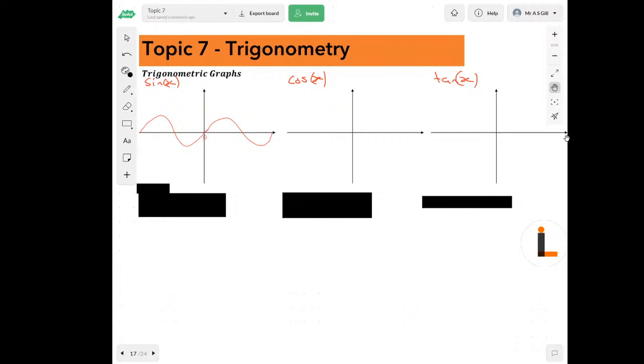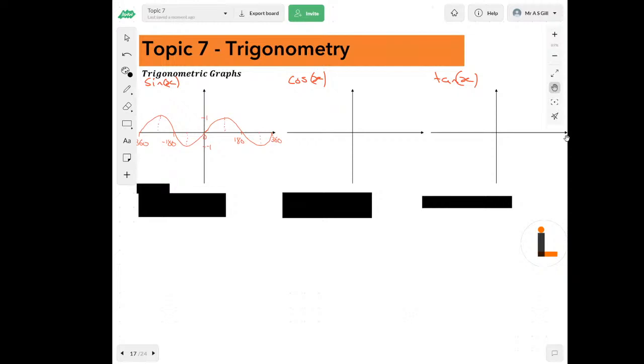So we've got 0 here, this is 180, this is 360, then we've got minus 180 and minus 360 here, and it goes from minus 1 up to 1. And our maximums occur at halfway between these values. So minus 270, minus 90, and then positive 90 and positive 270 as well.